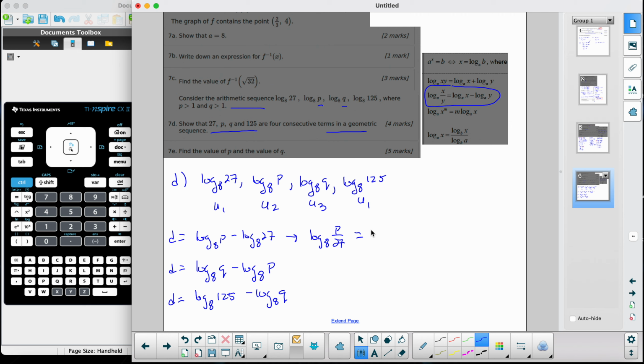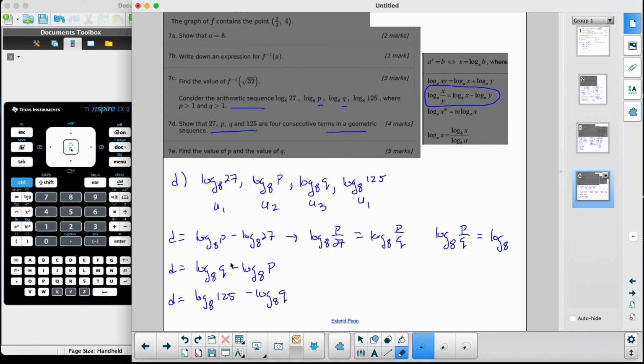Doing the same thing here is log base 8 of Q over P. And also log base 8 of Q over P is equal to log base 8 of 125 over Q. Sorry, I don't know what's the matter with me.